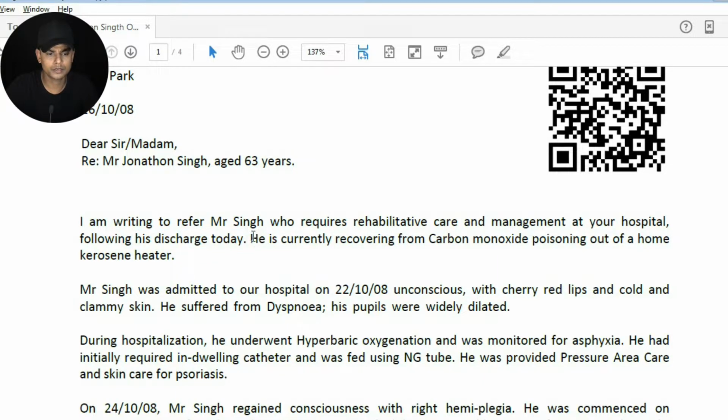And the second sentence: he is currently recovering from carbon monoxide poisoning from a home kerosene heater. See, without reading anything else further down, the recipient has already got a complete picture of what's happening here.